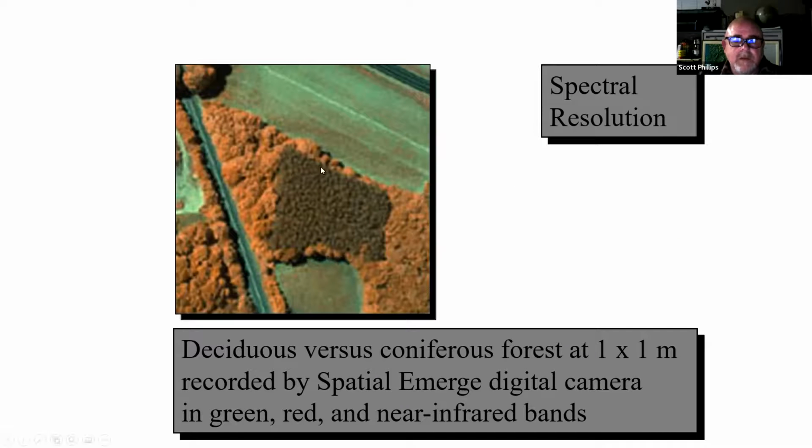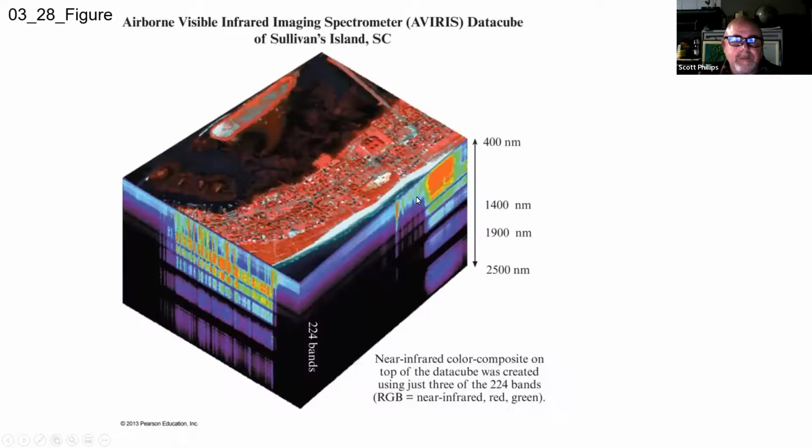So here we're using green, red, and near infrared to come up with a way of visualizing vegetation, like was shown in a YouTube clip that I posted earlier. There is a concept of hyperspectral resolution where this is an imaging system that is on an aircraft that breaks up the electromagnetic spectrum into over 200 bands and very narrowly.